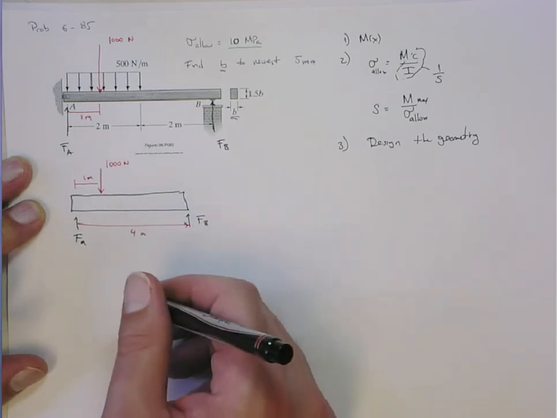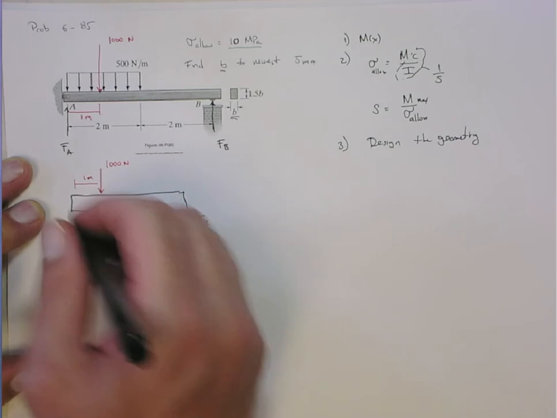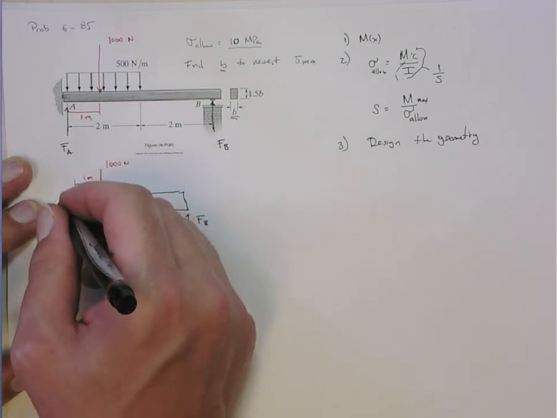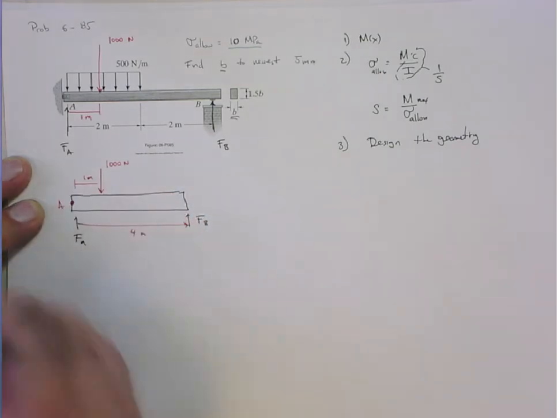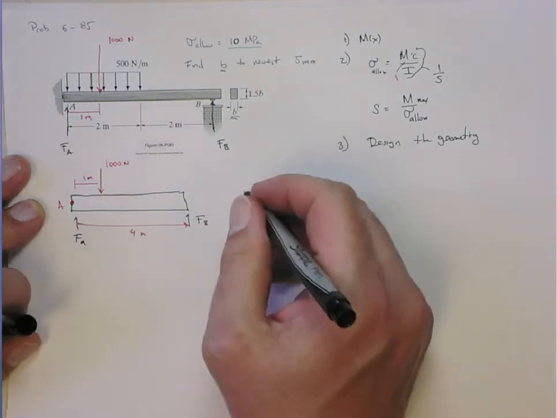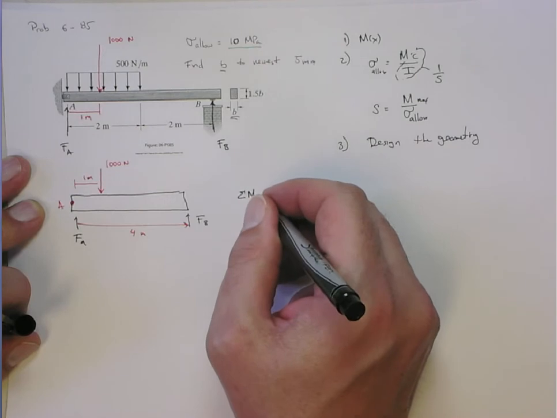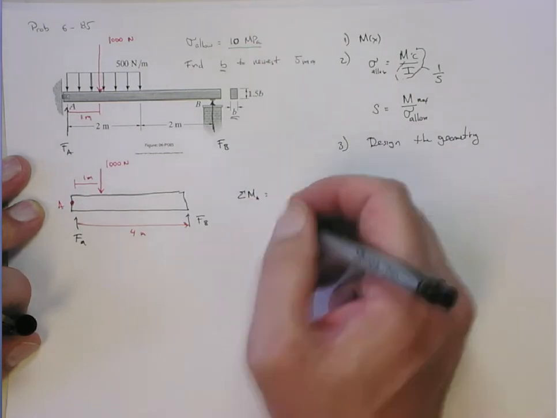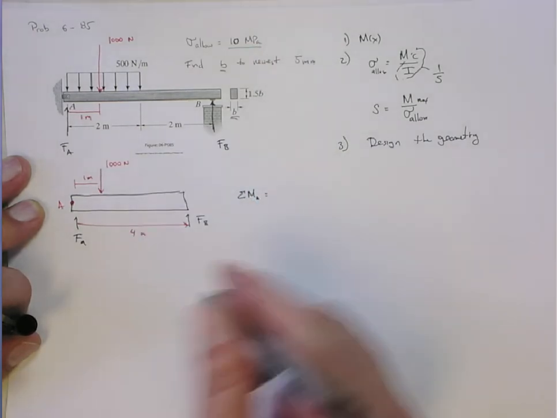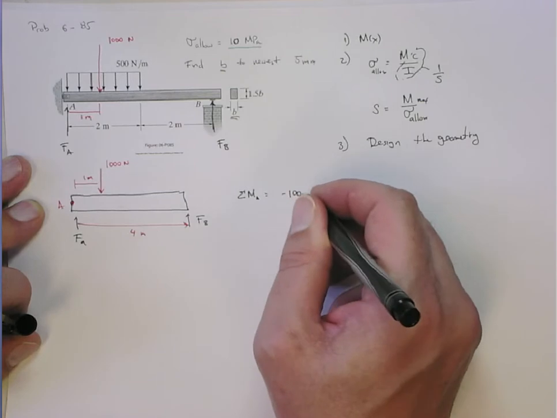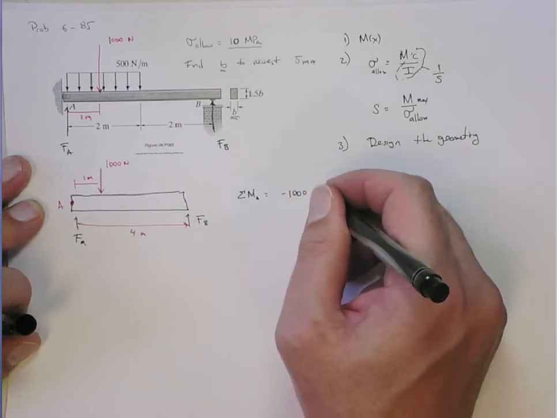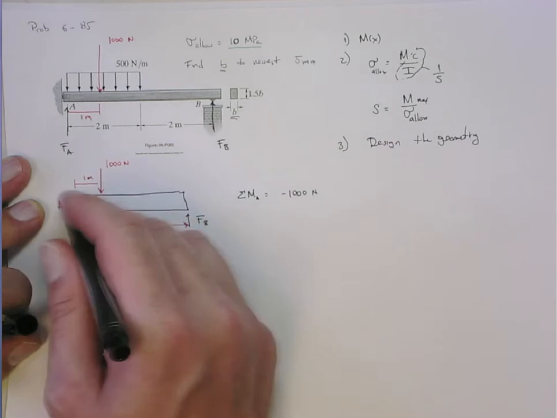Okay, let's do sum of moments around this point, around A. That'll give me FB. So the 1,000 is a negative moment: 1,000 Newtons times 1 meter.